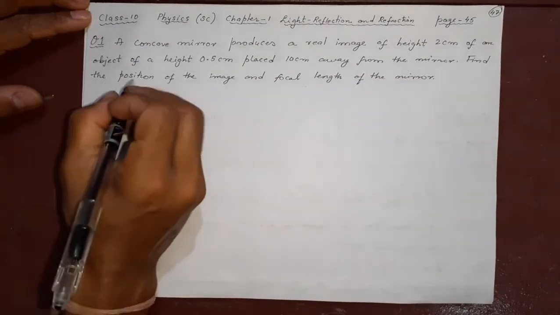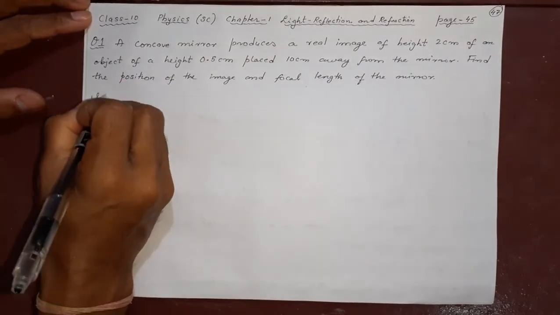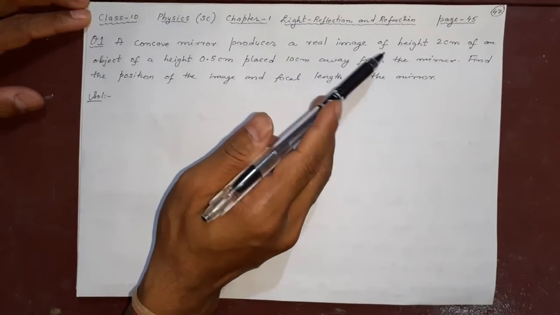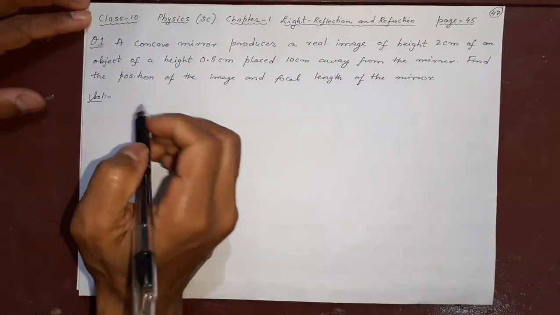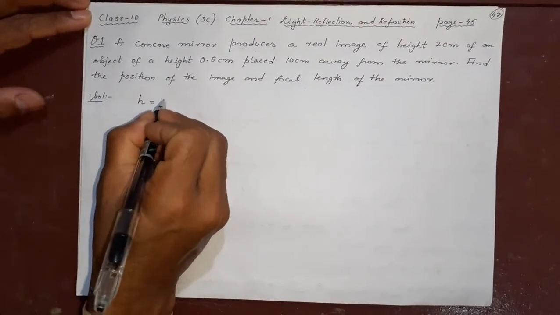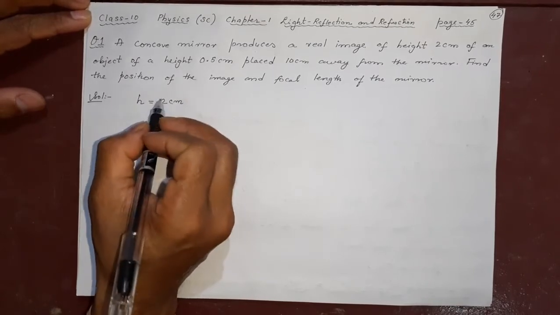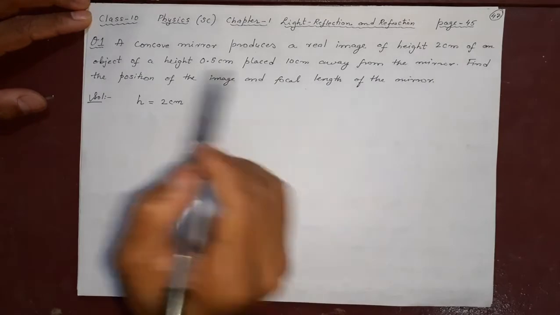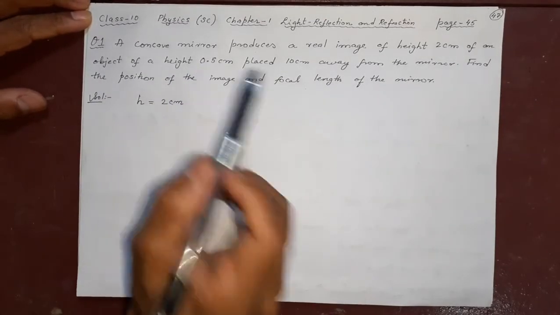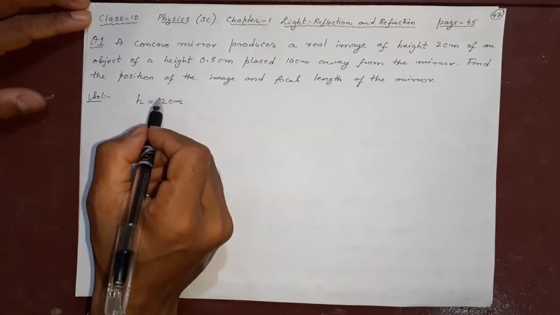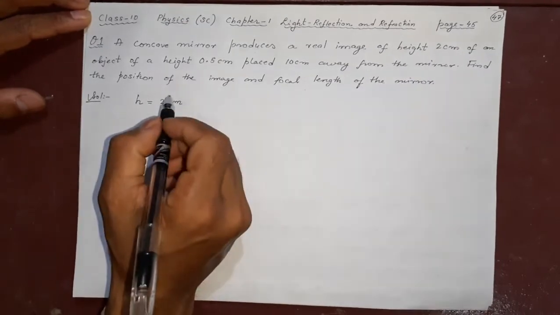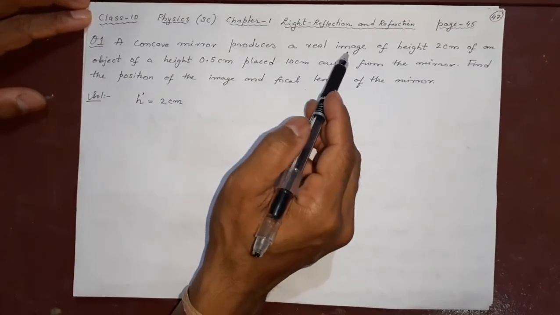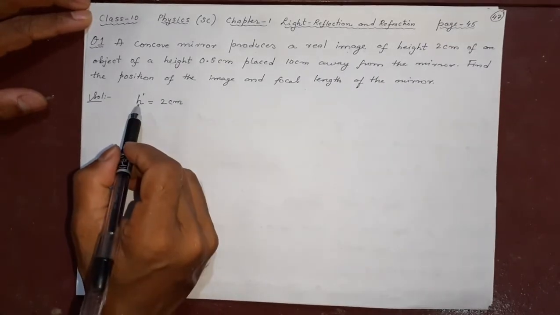A concave mirror produces a real image of height 2 centimeter, of an object of height 0.5 centimeter. Remember, the object is always kept upright, so the object height is h equal to plus 0.5 centimeter.